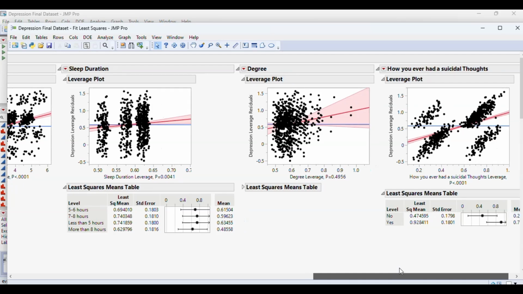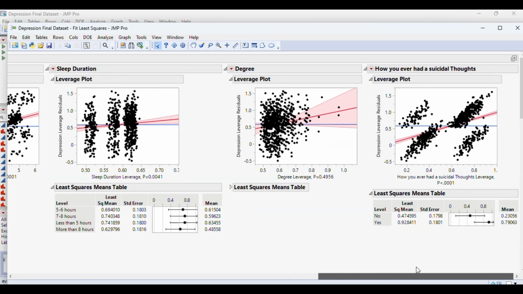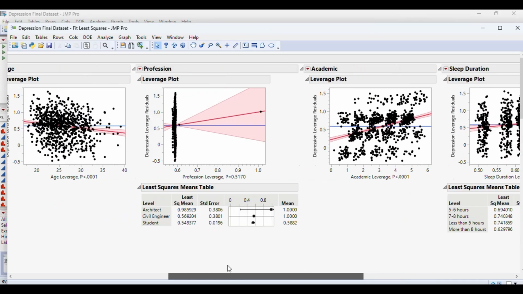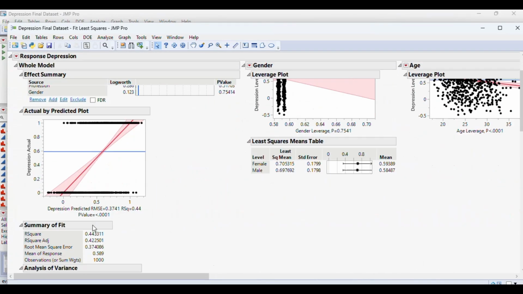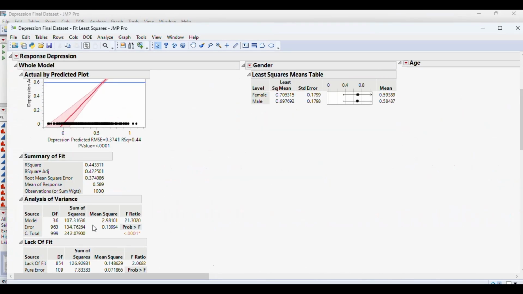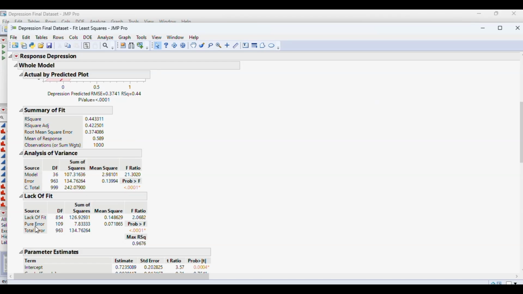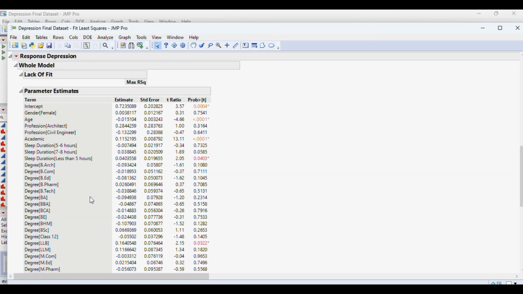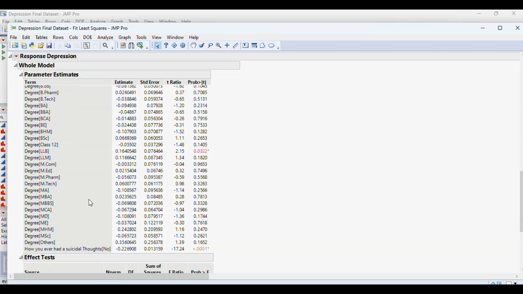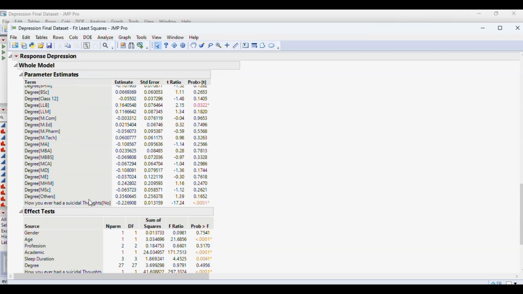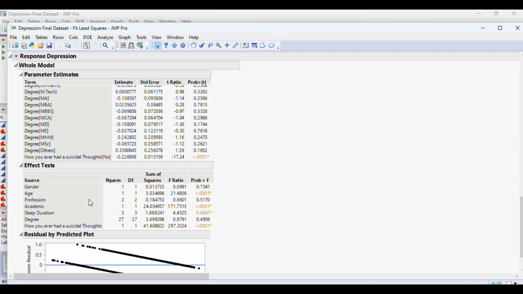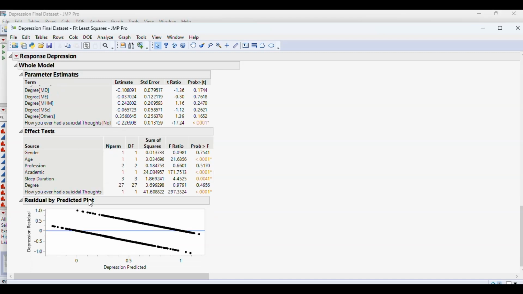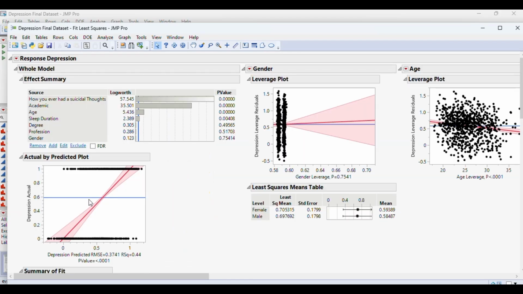We have the least squares mean tables and the analysis of variance, with the mean squares of all the parameters, and the degrees they are pursuing. On that degree we see what effects are happening. You can see all of it here.